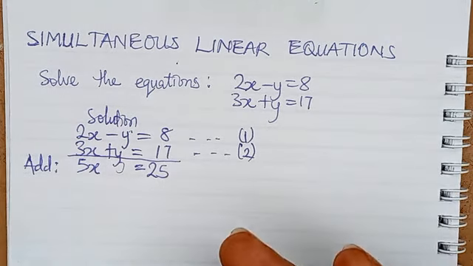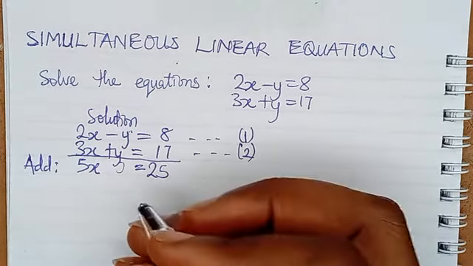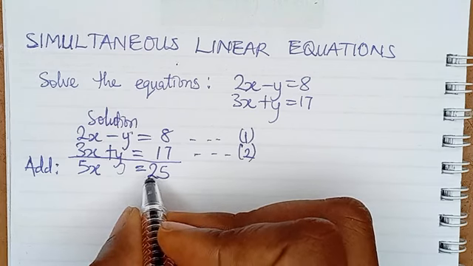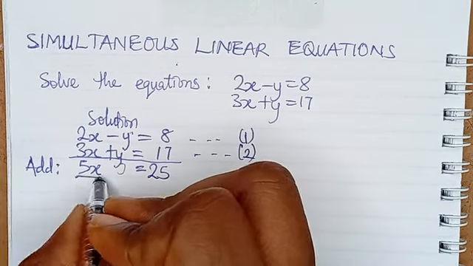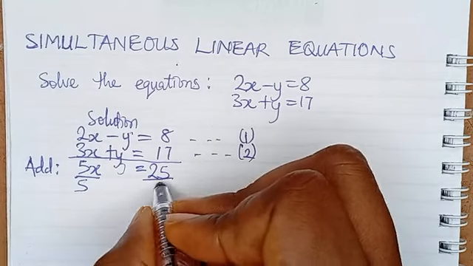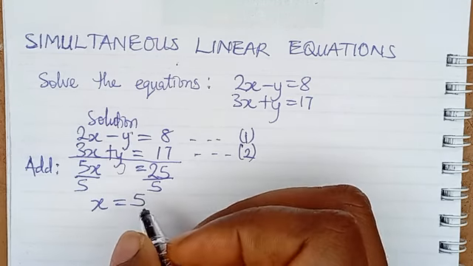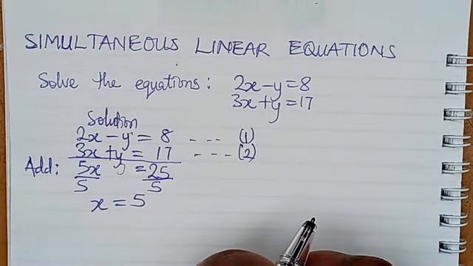So we can see what we mean by the elimination method: eliminate one of the unknowns. We are now left with 5x is equal to 25. At this stage, we already know what to do. We divide both sides of the equation by 5, and we have that x is equal to 5. Now we've solved for x.